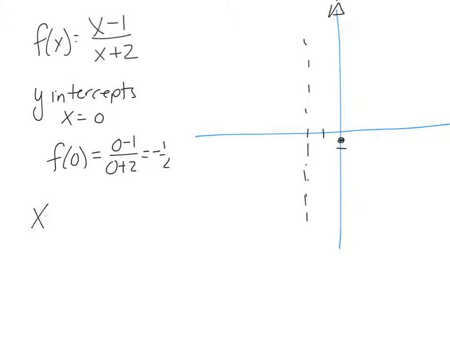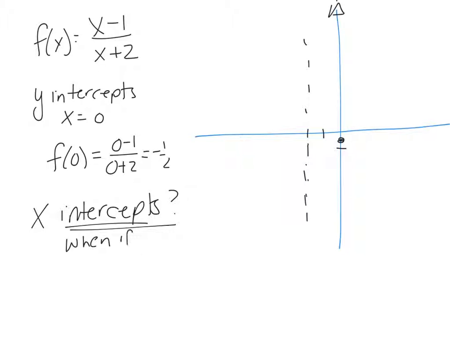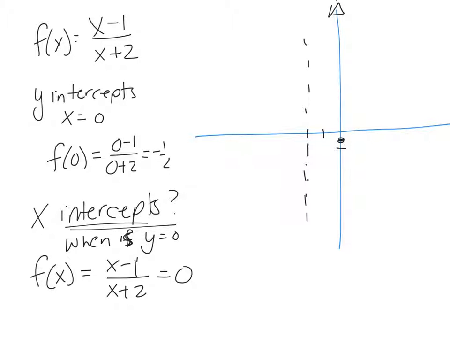What about the x-intercepts? How do I find those? X-intercepts means when is the function 0, when is y equal to 0? That's what we spend a lot of time doing in all of algebra. To find the y-intercepts, we plug in x equals 0.